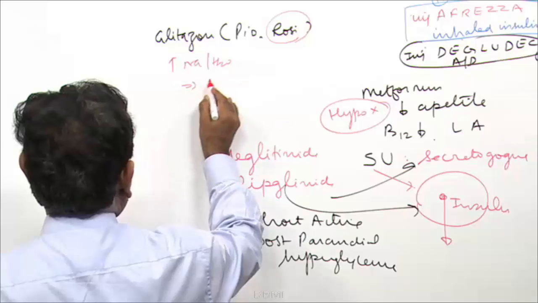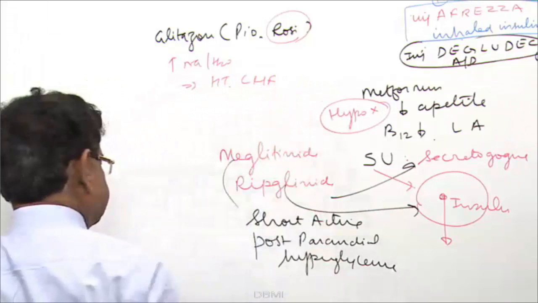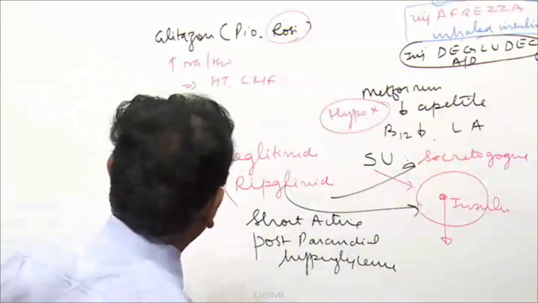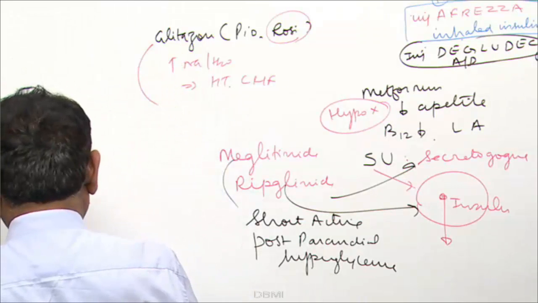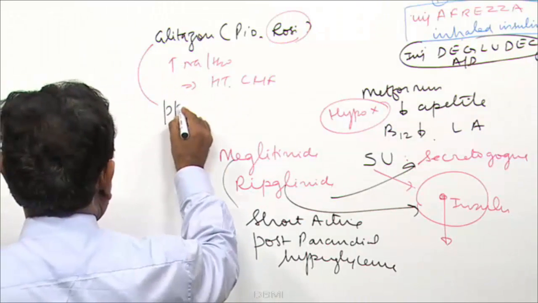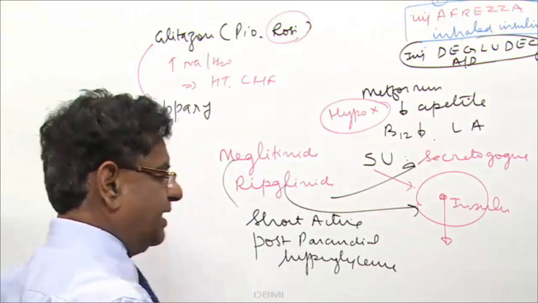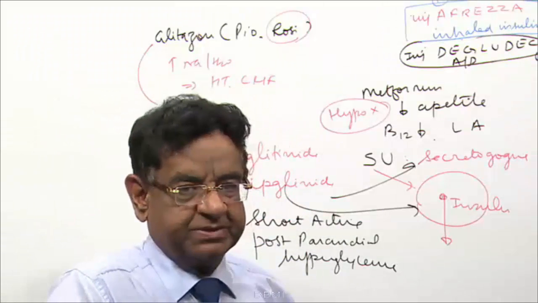So they may precipitate hypertension and congestive heart failure. Although this happened with both, one causes it more, so it has been banned in our country. And of course, they act on the PPAR gamma receptors.